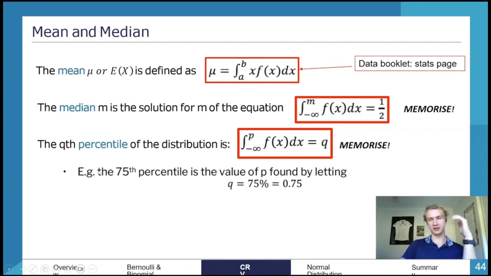The best way to learn this one would probably be by example, to be honest. Example: the 75th percentile is the value of p found by letting Q, 75%, equal 0.75. So if we sub in Q equals 0.75 here, we can solve for p, which tells us the percentile. It's not asked a super lot. We'll see IQR in a moment, which is high yield, but you definitely need to know the median, so do practice questions for that as well.